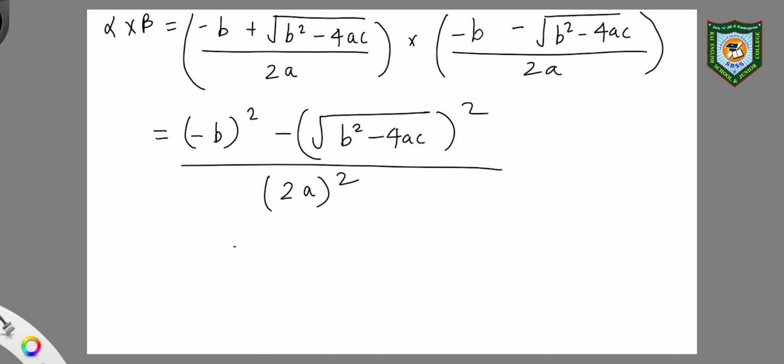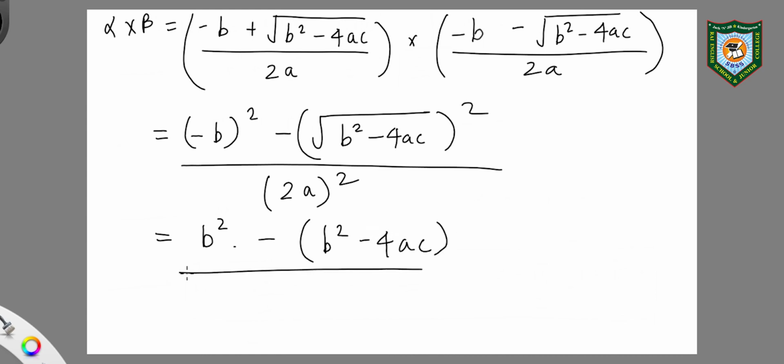So once I open the bracket, here I get minus b square is b square minus, now under root b square minus 4ac square becomes b square minus 4ac, as the square and the under root cancel out, and here in the denominator I have 4a square.